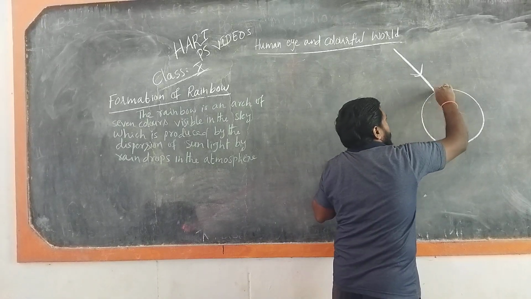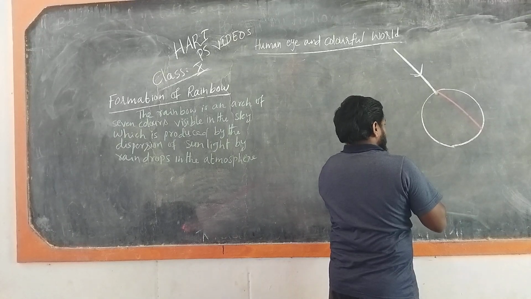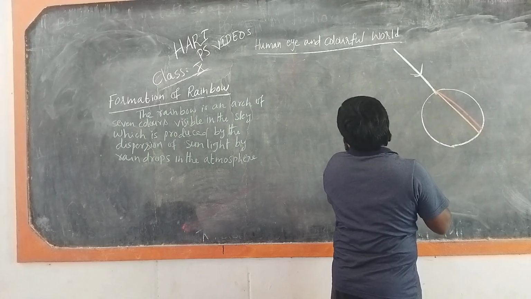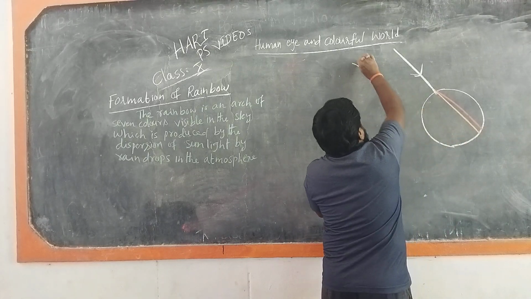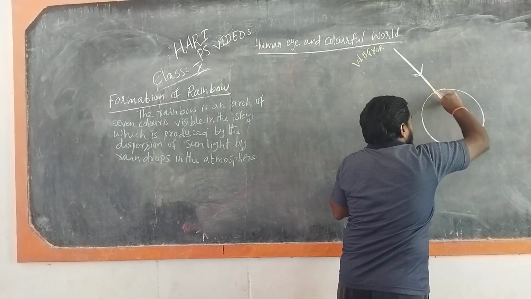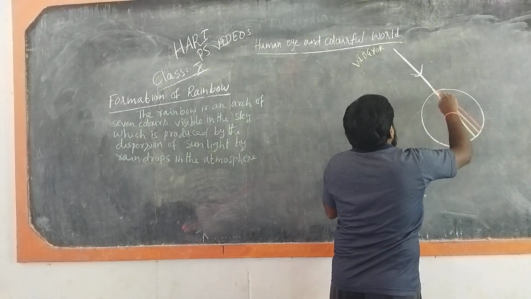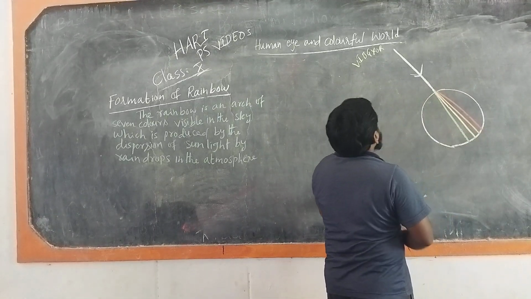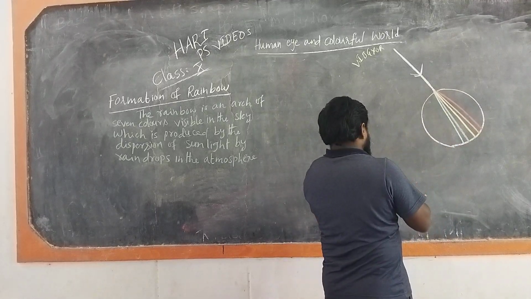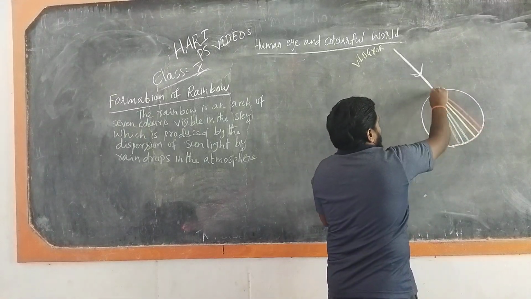colors. So the red, orange, then yellow, green, blue, indigo, and violet.